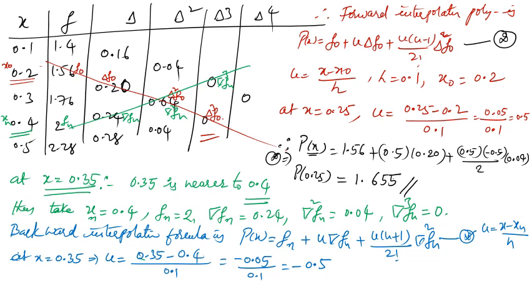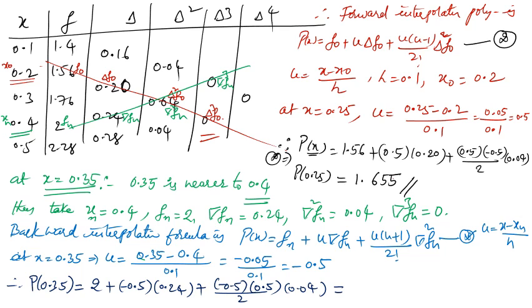Therefore p of 0.35 is equal to Fn, that is 2, plus u into del Fn, this is 0.24, plus u into u plus 1 by 2, del square Fn means 0.04. Substitute and simplify all these, you will get 1.875. This is backward.